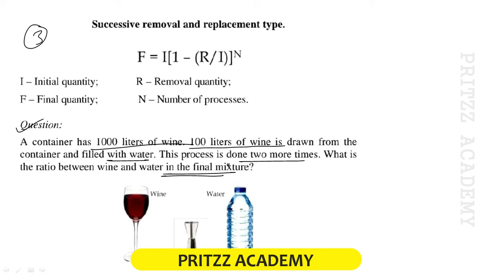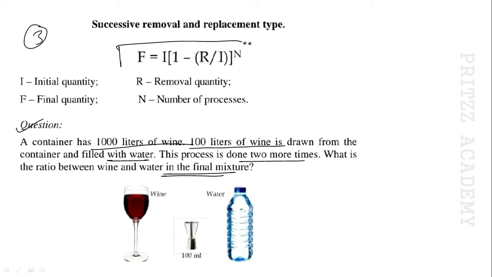That's what is asked. So we can use this formula for this type of questions, where I is the initial quantity, R is the removal rate, F is the final quantity, and N is the number of processes. Number of processes is the number of times drawn and the number of times added.